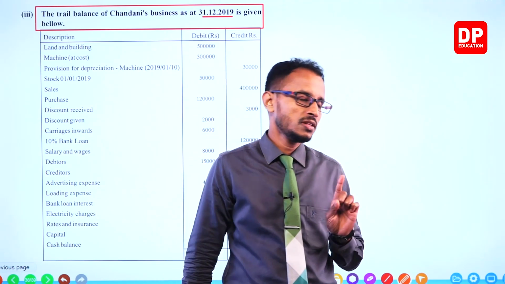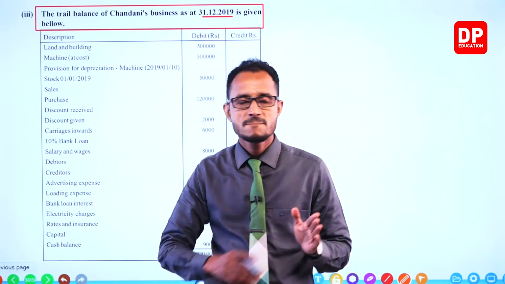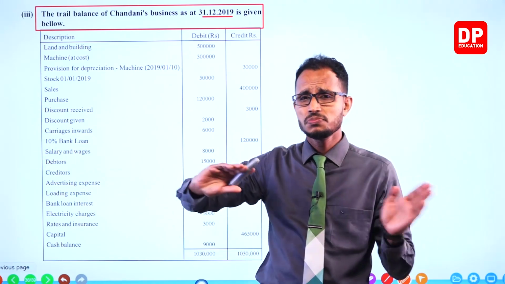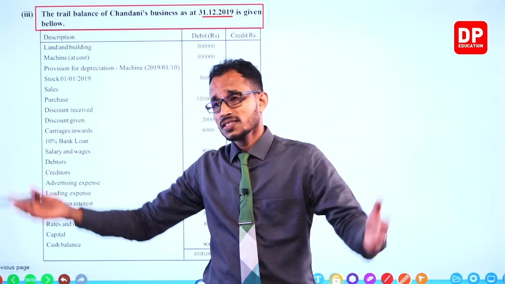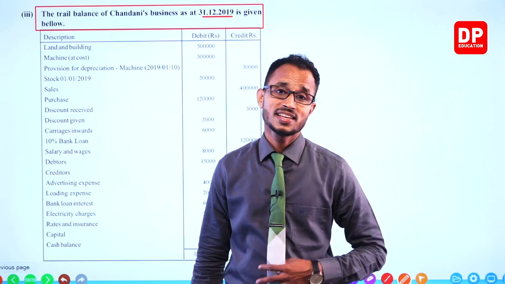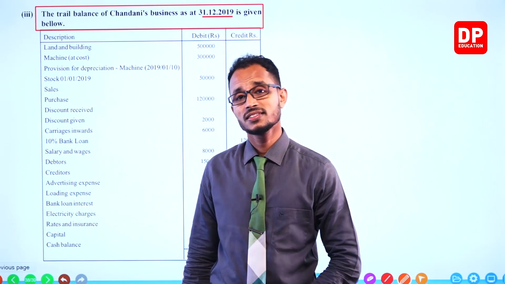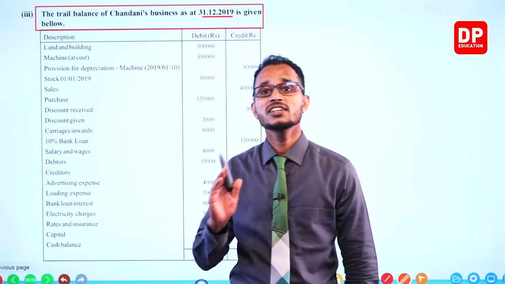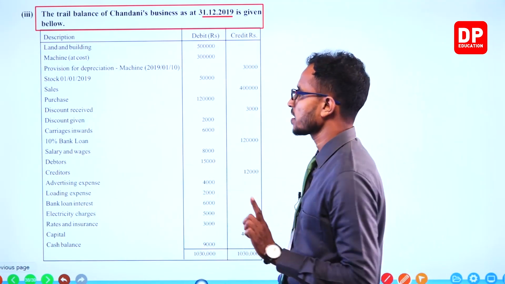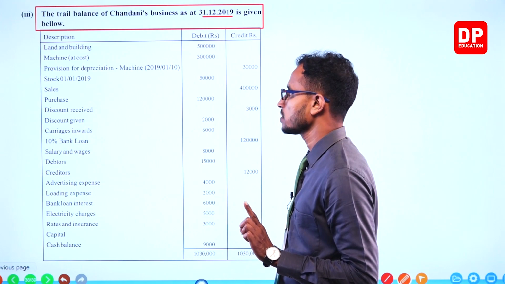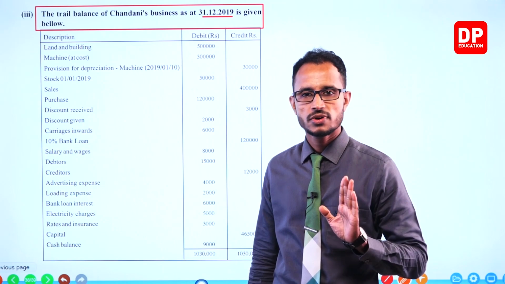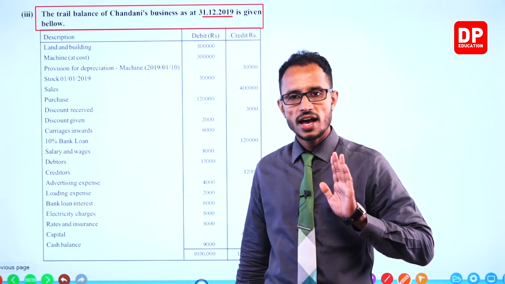Even the most difficult journey is started by taking the first step. So, step by step, the first step is label your trial balance items. Label them. That's what I always say. That's how I always do.